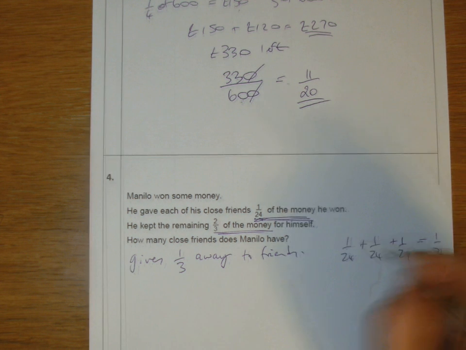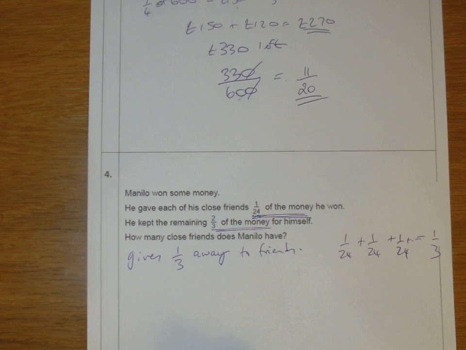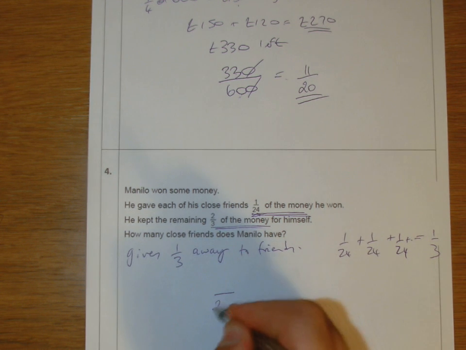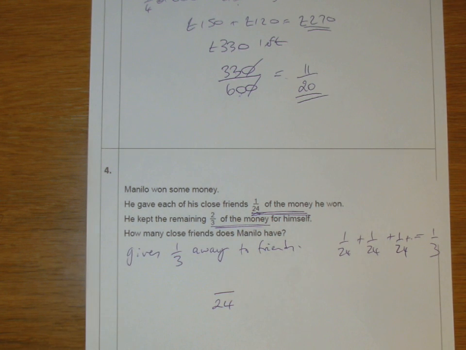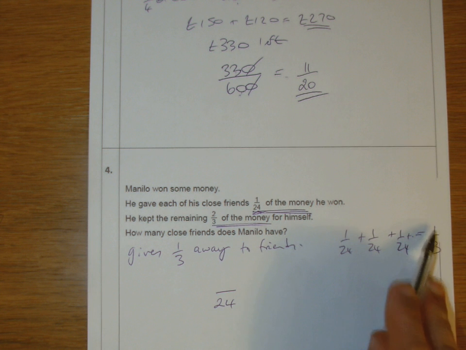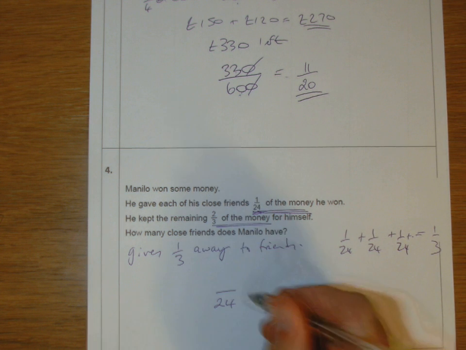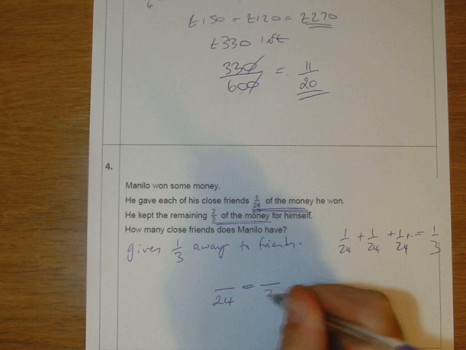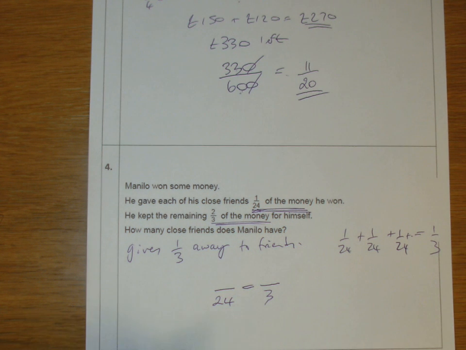I put 3 there, but there could be a lot more. So really, if we were adding these up, you need to see how many go on the top. How many of these 24ths are we adding together so that it equals 1/3? There's an easy way of doing that, just by scaling the fraction. So if you think about it, 24 to 3, well, of course, I need 1 there on the top anyway, because it is 1/3 he's given away.